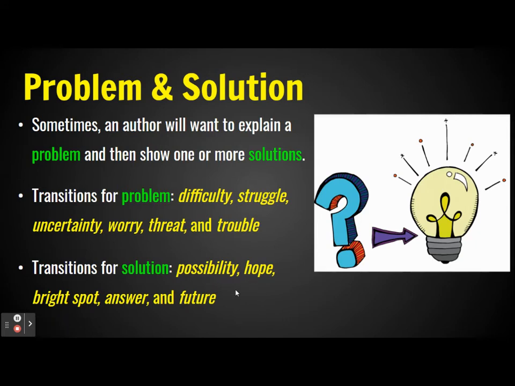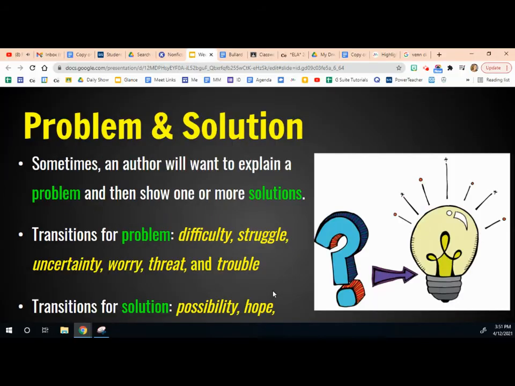Those have much more positive connotation, don't they? Because solutions are good things. Problems are bad things. Not necessarily all the time. Sometimes problems can lead to really good things, so they're not necessarily bad, but I digress. Let's go back. So they have a negative connotation because problems usually are negative. Make sure you have all the green words in your notes. We're going to look at the tiny text.